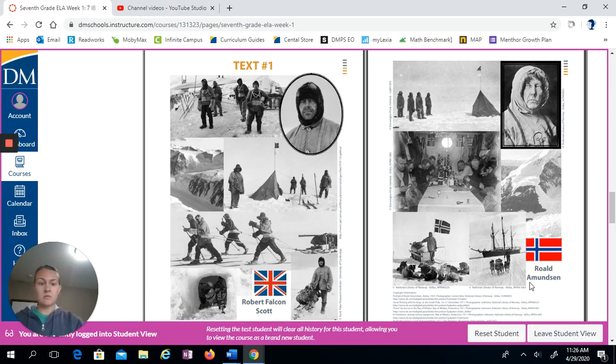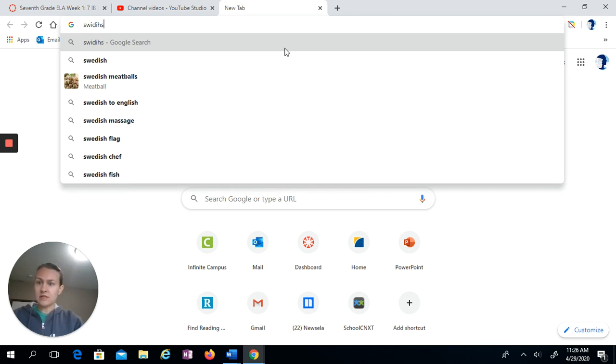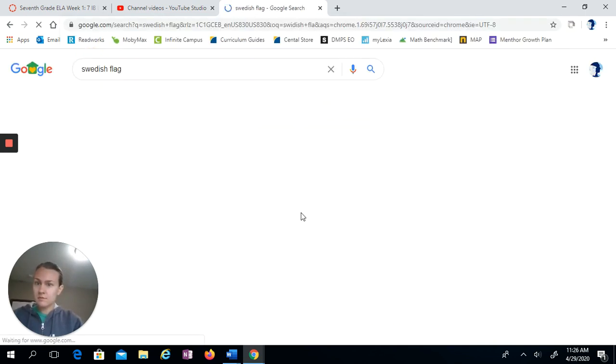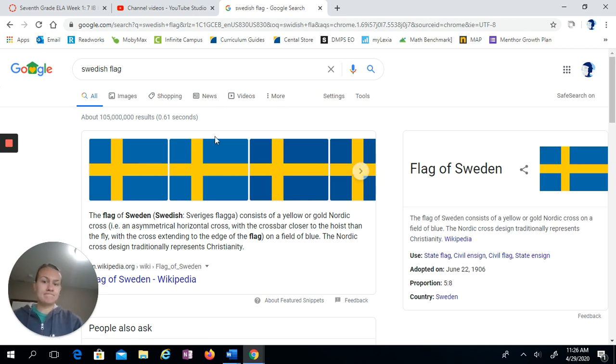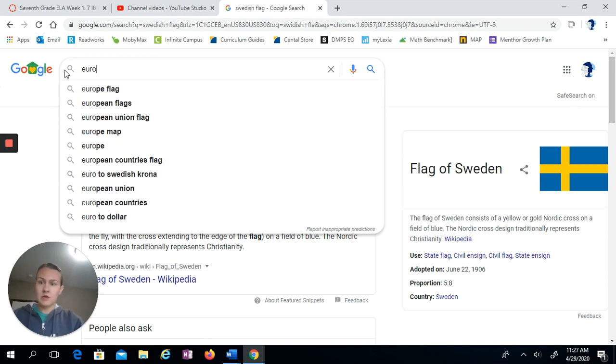So I know that this is the British flag. I think that's a Swedish flag. Let's look it up right now, right? We can Google it. Maybe not. Let's look.